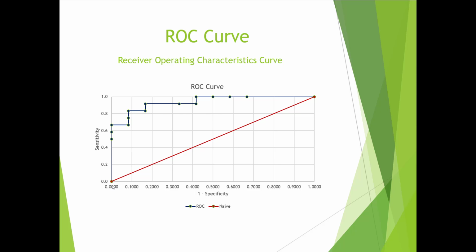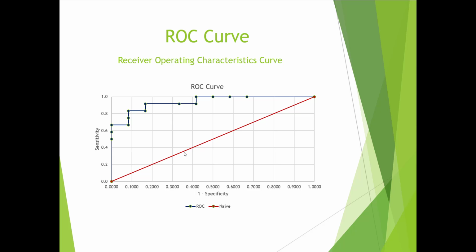Now, if you take the entire area as 100%, and now we have the naive classification method, that goes diagonally, so that covers 50% of the area in the box. The closer it is to the diagonal, the area under the curve for the ROC chart will be closer to 50%.